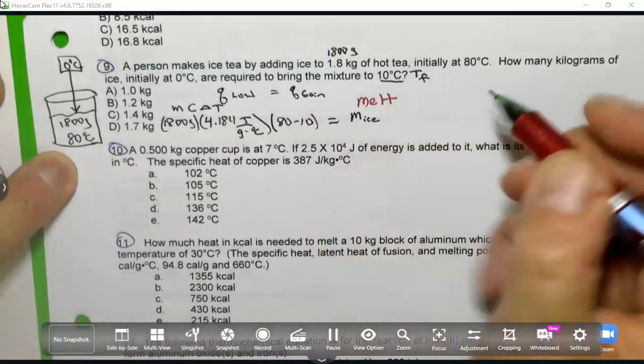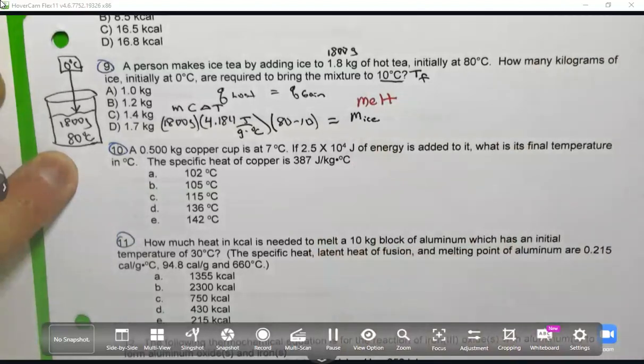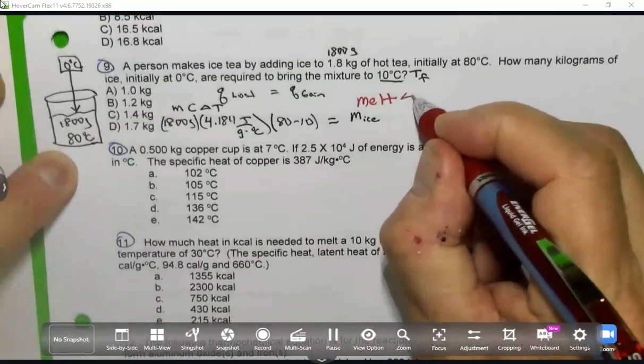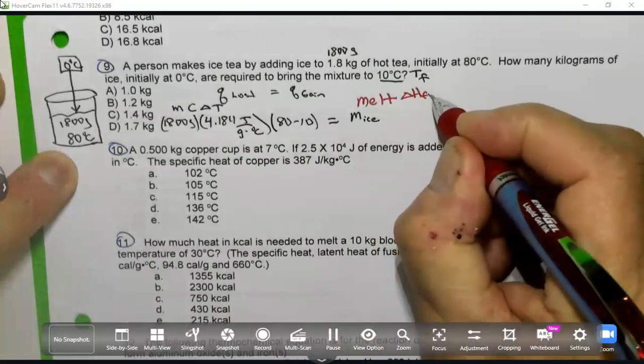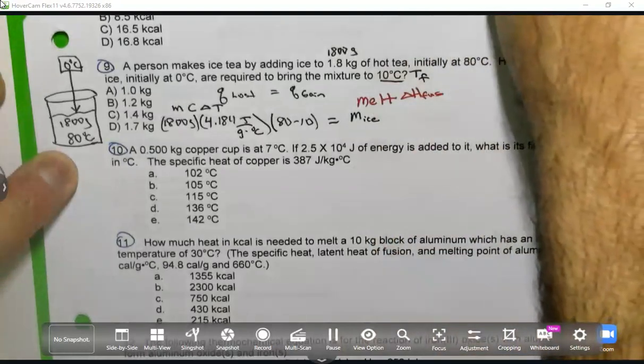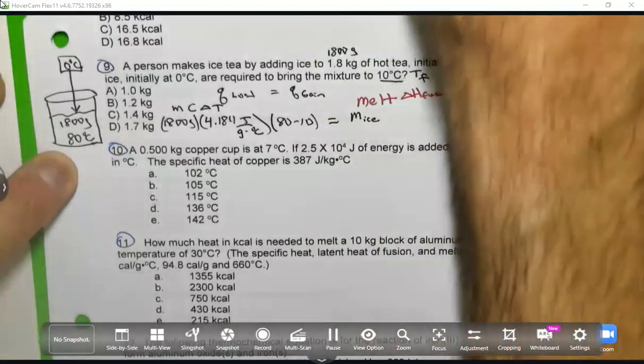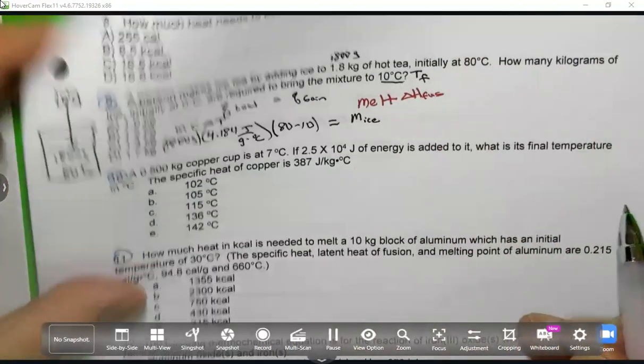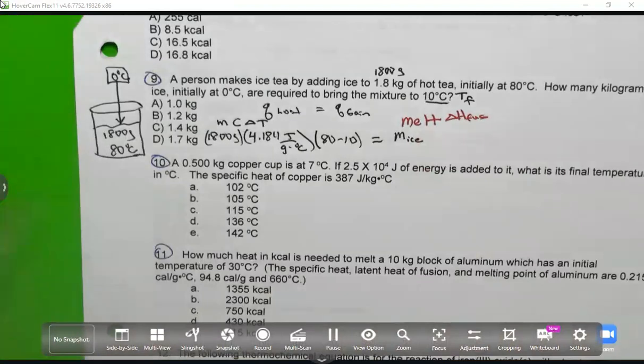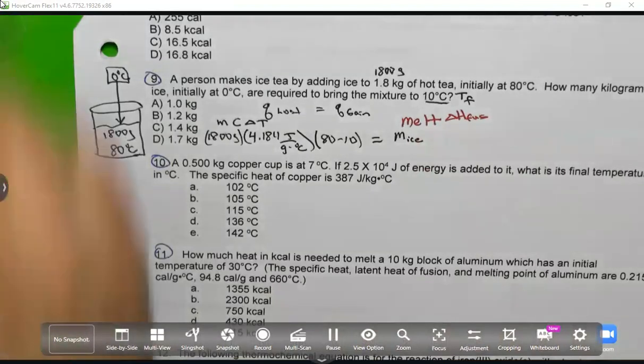And when you melt ice, that involves the enthalpy of fusion. And the enthalpy of fusion for ice, let's look that up. Enthalpy of fusion for ice. What is that value?